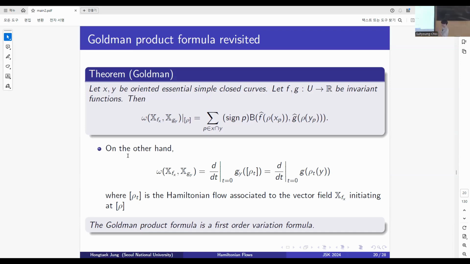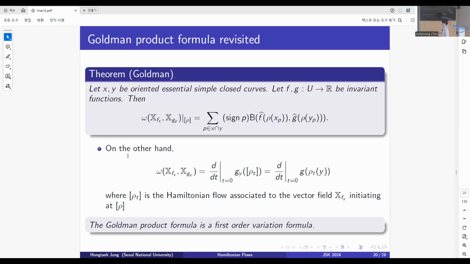So with this interpretation in hand, in the Goldman product formula, we have to assume that x and y are simple closed curves because we have to have these Hamiltonian vector fields. This Hamiltonian vector field or Goldman flow is not defined for non-simple closed curves. But if you look at this gadget, there's no reason for y being simple.